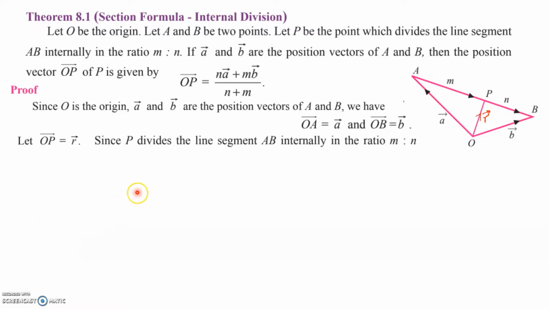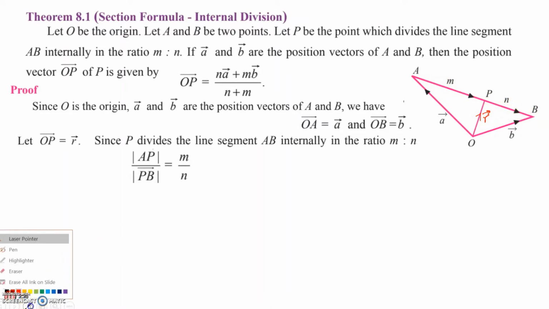Since P divides the line segment AB internally in the ratio m:n, we can say the magnitude of AP divided by the magnitude of PB is equal to m by n. There's a vector sign missing here.